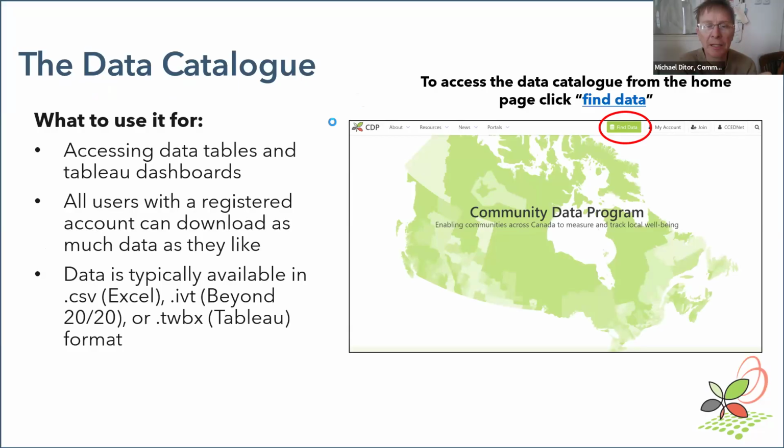I just want to make a distinction between ordering data and downloading data. We order data and we make it available through the catalog for our members to download. There's no limit on the amount of data that you can download from the catalog, and any number of people within an agency can have their own CDP account, which we actually prefer.